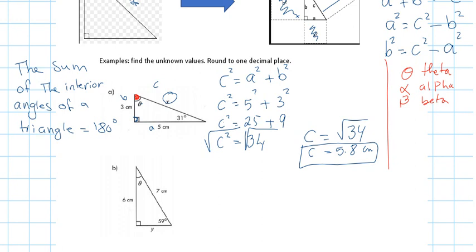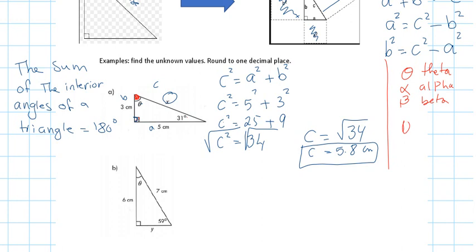I know two of the angles and I'm looking for the third one. So I add these two. What is this one? 90. 90 plus 31 gives me 121. So then I do 180 to find my angle theta.